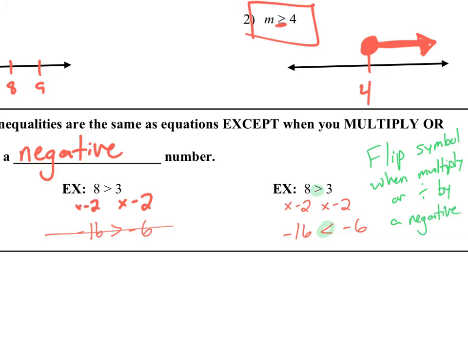So when you multiply or divide by a negative number, you have to flip the symbol, because otherwise it'll make it untrue.